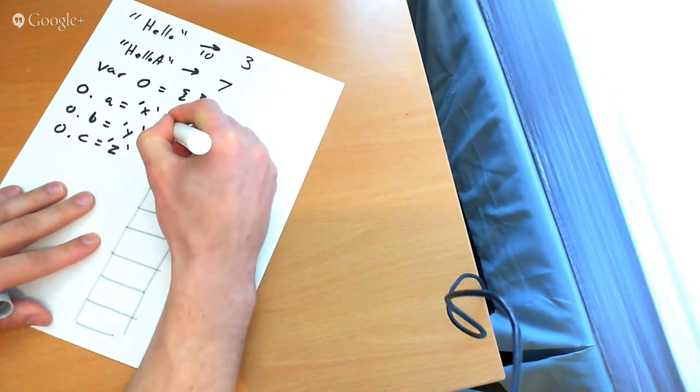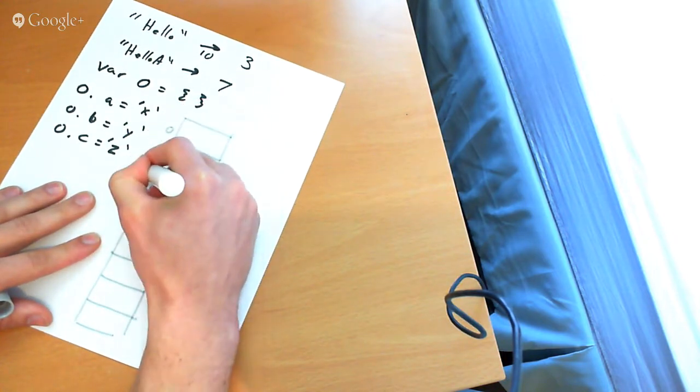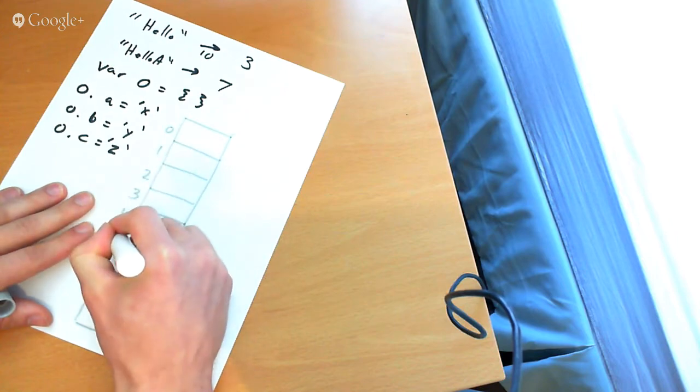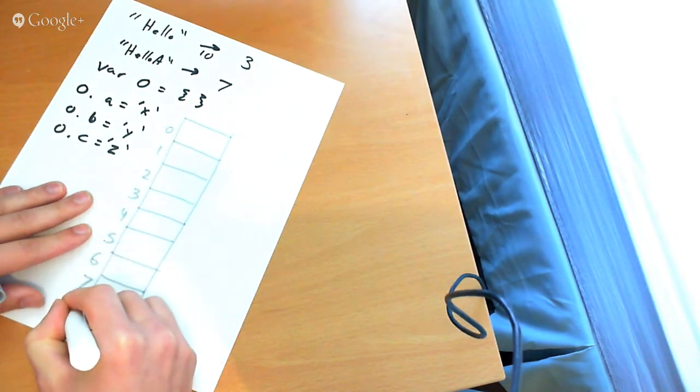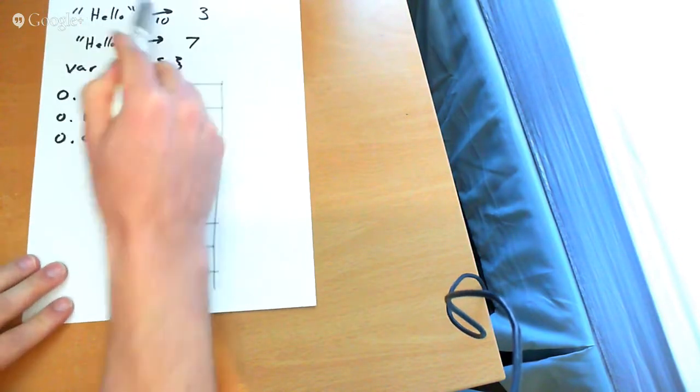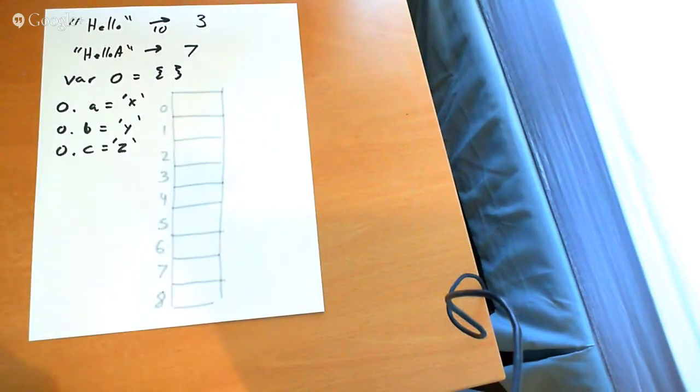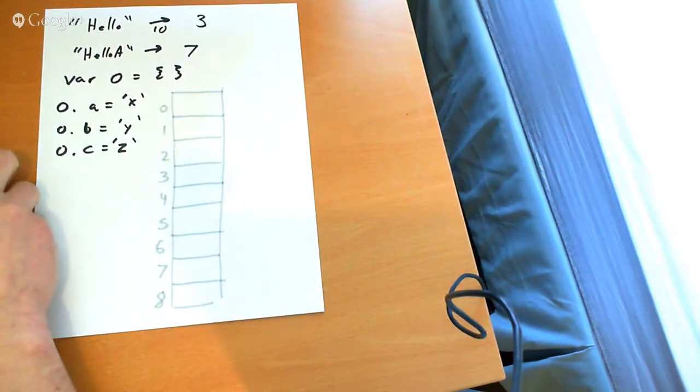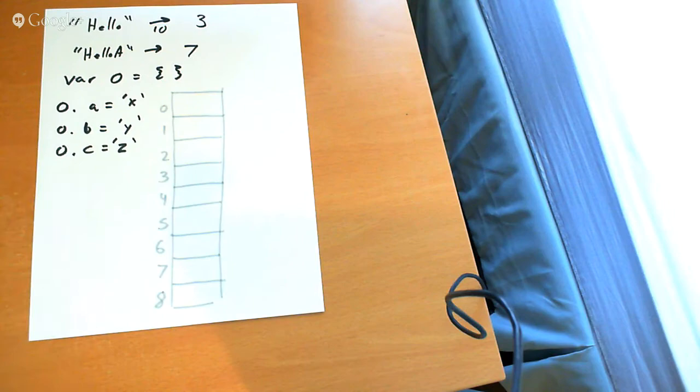How many spots did I get myself? 0, 1, 2, 3, 4, 5, 6, 7, 8. I wish I'd given myself 10 because it would match what I was talking about earlier, but let's say our hashing algorithm is going to use 8 spots.